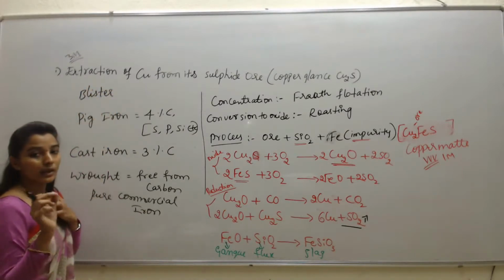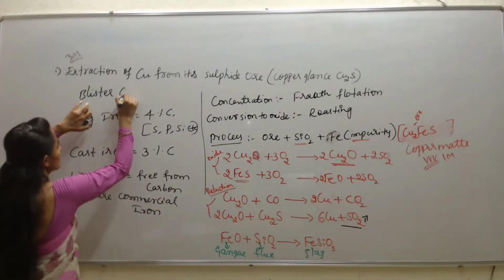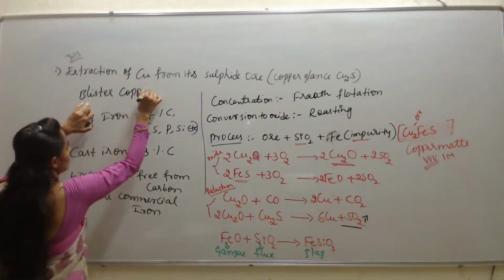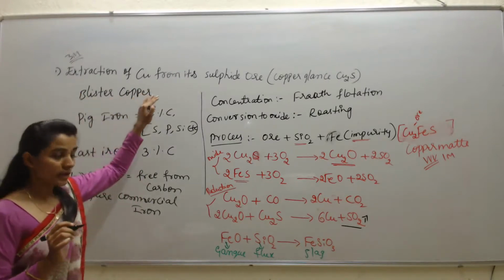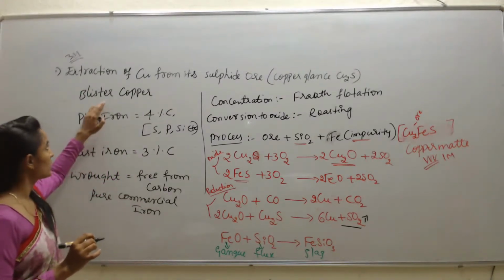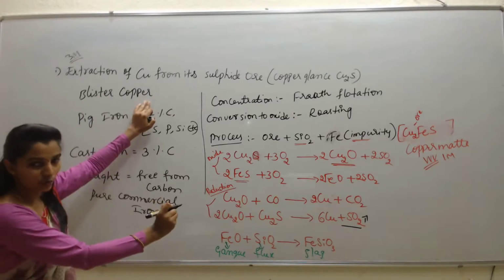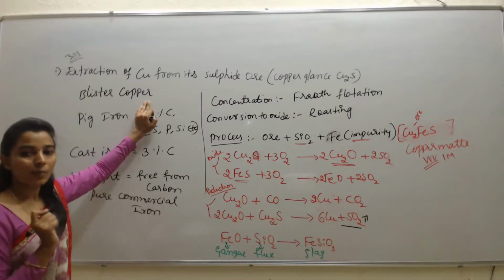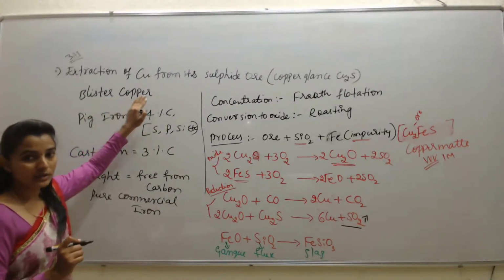Blister means holes in the metal. Okay, that's why this is called blister copper. So they may ask, students, why the copper extracted from the reverberatory furnace is called blister copper. Because of the evolution of the SO2, the copper metal surface forms blisters. That's why it is called blister copper.